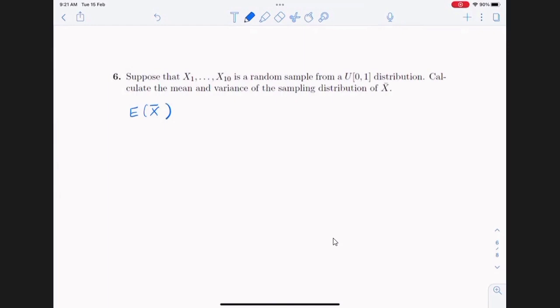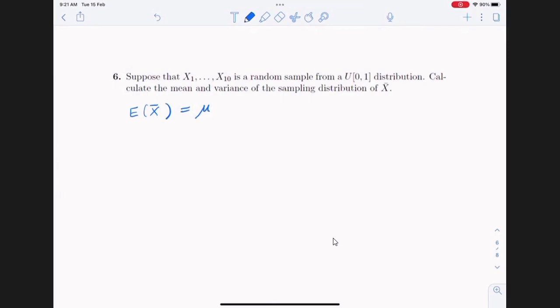The expectation of the sample mean is also a mean. It is equal to the population mean. Now, this is a mathematical fact. Whenever we have a random sample, and based on the sample we construct a sample mean, the expected value of the sample mean, the mean of the sample mean, is equal to the population mean.